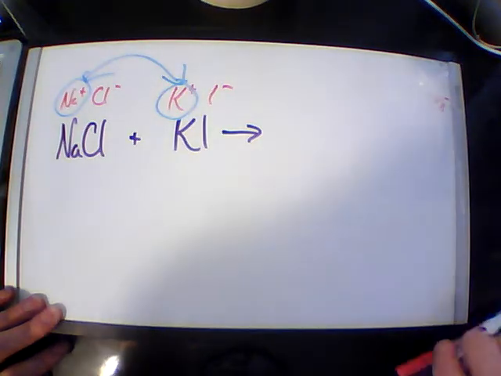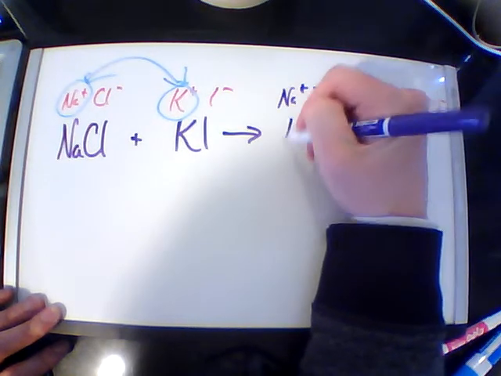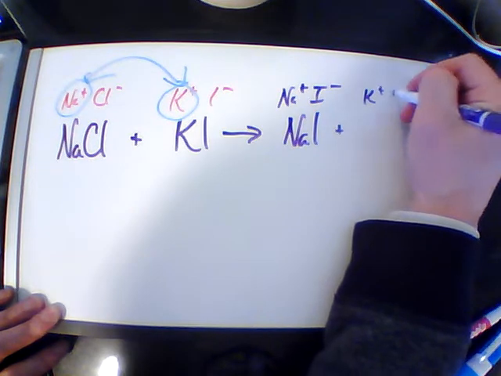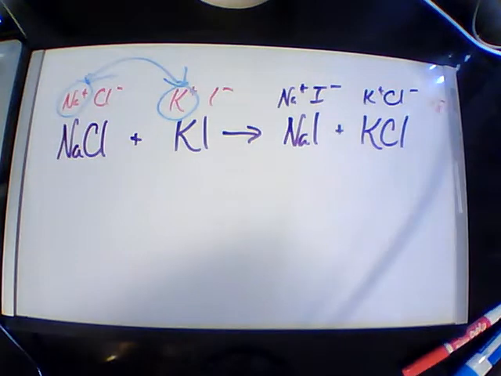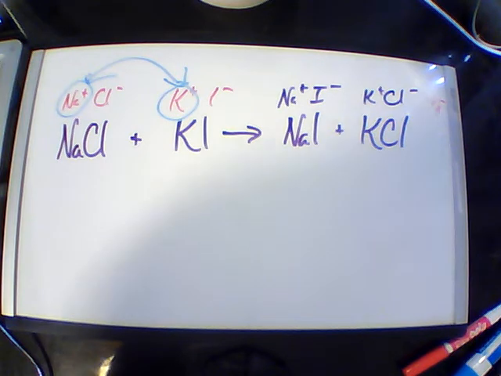So on the product side, the Na+ ends up bonded to the I-, giving me NaI. And the K+ ends up bonded to the Cl-, giving me KCl. Got my formulas of my products done. It's time to balance. And if you look it over, you'll realize they're all already balanced.